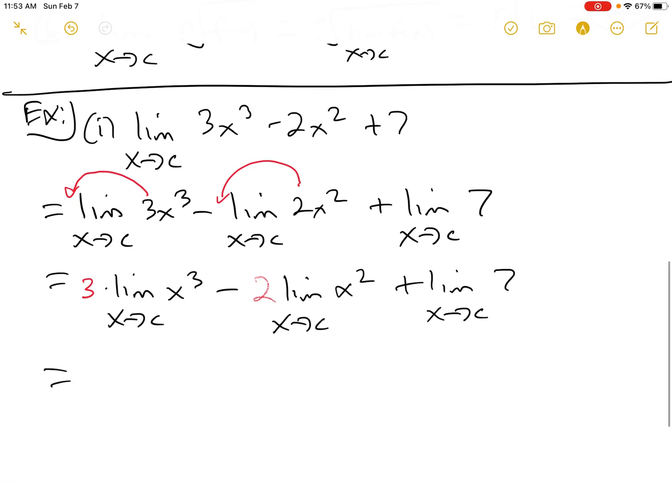Okay, so this is 3 times c cubed. So now you just plug it in. Minus 2 times c squared plus 7. And there it is.